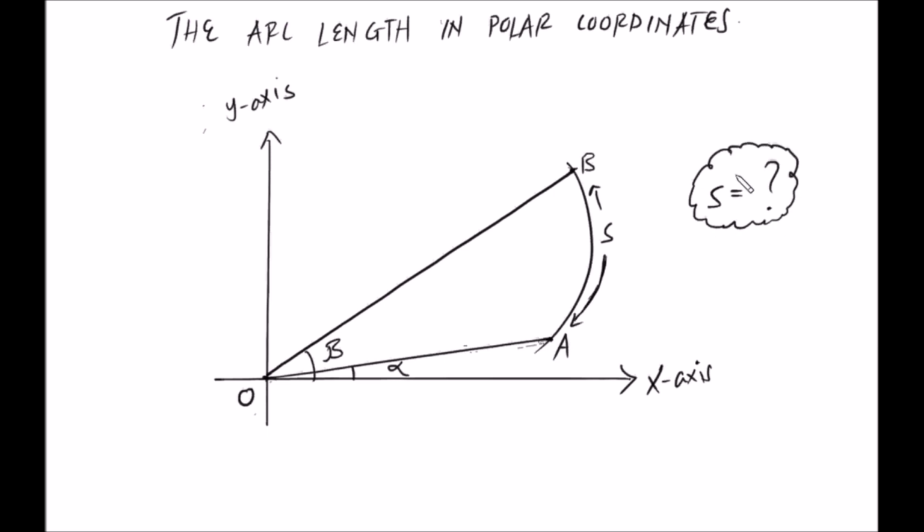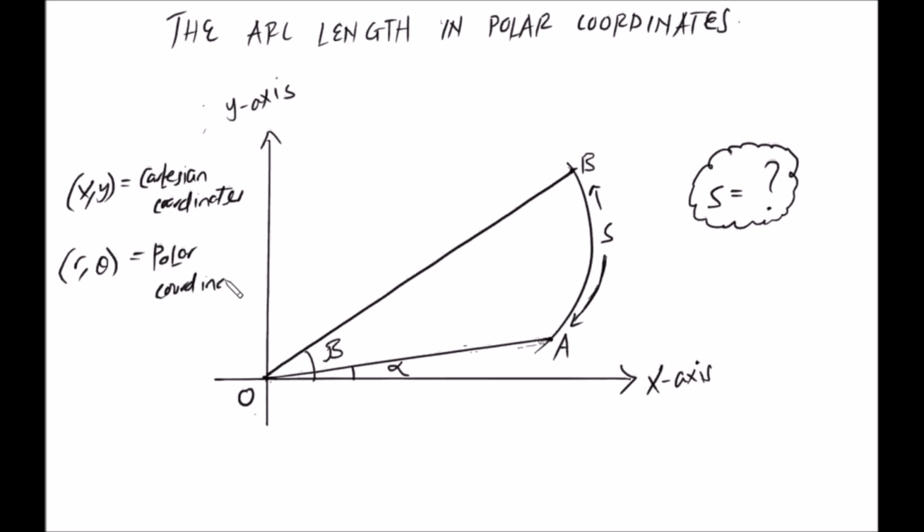But this time now, instead of using the normal Cartesian coordinates, ndo hizi x, y, hizi ndo zinaitwa Cartesian coordinates. This time, we are not going to use Cartesian coordinates. We are going to use polar coordinates, r, theta. Hizi ndo tunaziita polar coordinates.